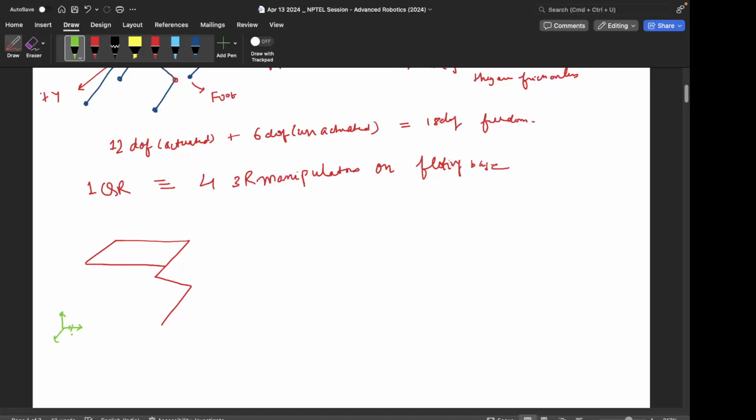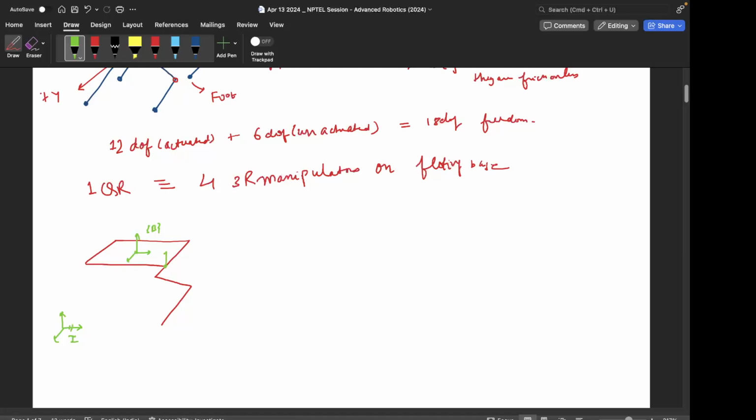This is the inertial frame I, which is fixed. This is the base frame. The base frame is located at the center of mass, and is oriented as the base is oriented, right? So the orientation of the base frame changes as the base moves. Okay, so it's a body fixed frame for the base.